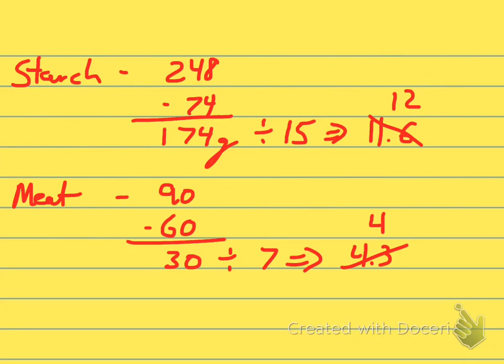So if we come back over, create a new page here just to do our fats. Alright, so our target was 50 grams of fat. We accounted for 26 grams. Okay? So that's going to leave us with 24 grams.